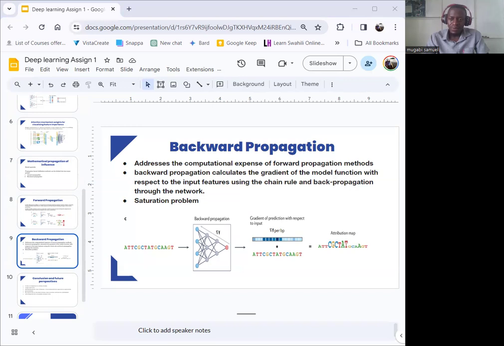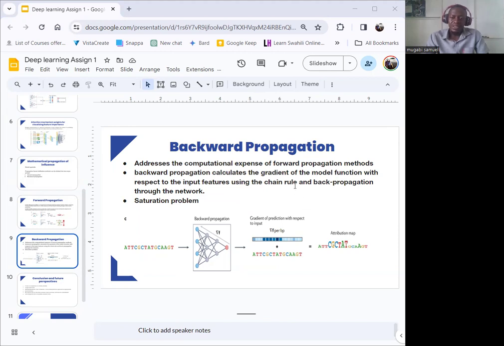It calculates a gradient of the model function with respect to the features that you have fed into it, then using the chain rule, it propagates backward through the network.